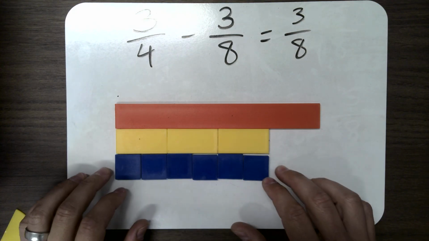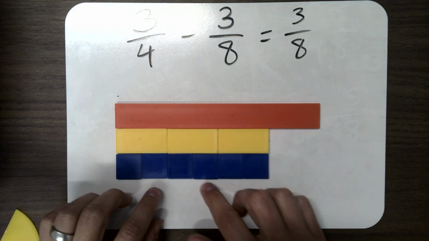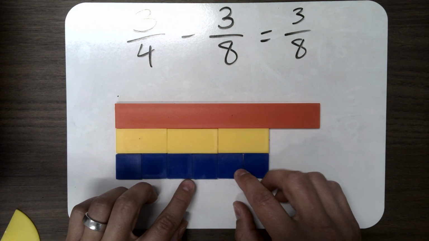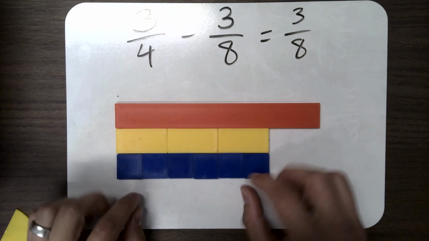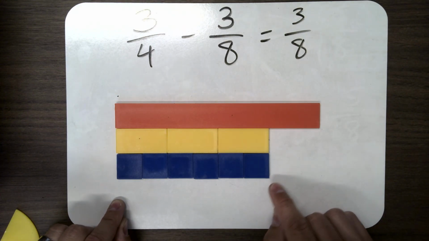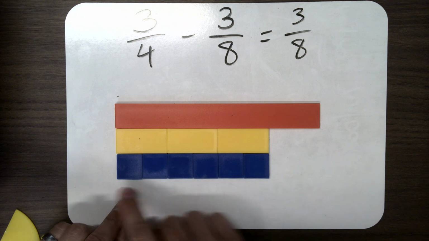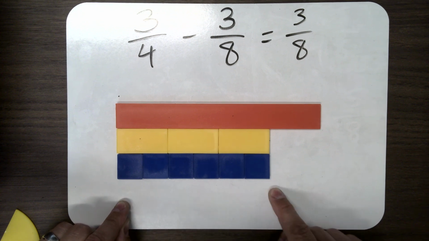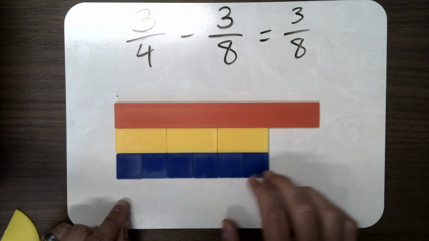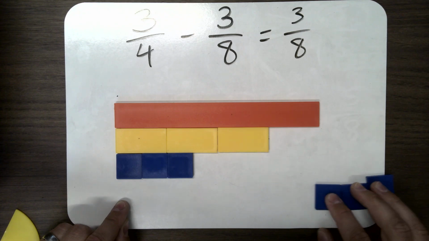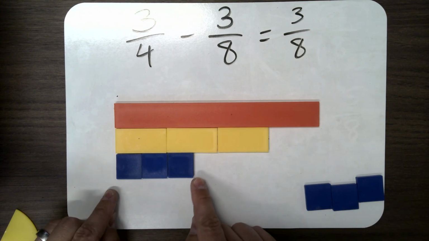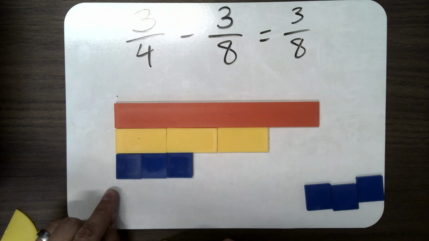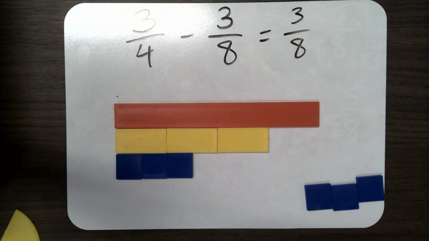Okay. So we found that 6/8 is equivalent, right? We're just splitting each of those fourths in half. We can see they're equivalent because they're the same length. So now from this length that I have, this 6/8, I need to take away 3/8. And we can take away that length of 3/8, and the difference that leaves is 3/8 again. Okay. All right, so those are the concrete models.